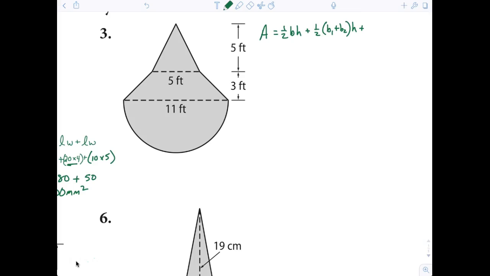Yes, pi times r squared. So a semicircle is going to be? No, I'm asking for area of a semicircle. Diesel, what's the formula for area of a semicircle? Pi times half of the radius.